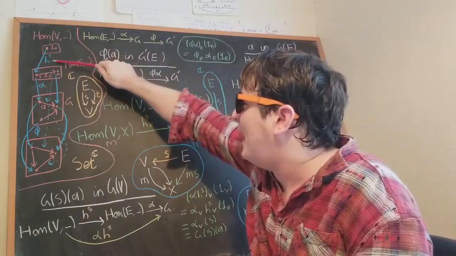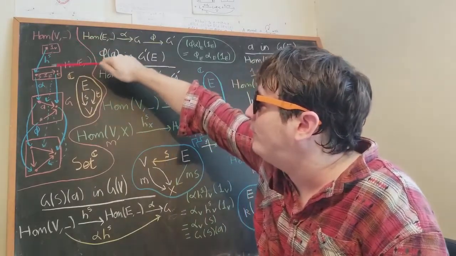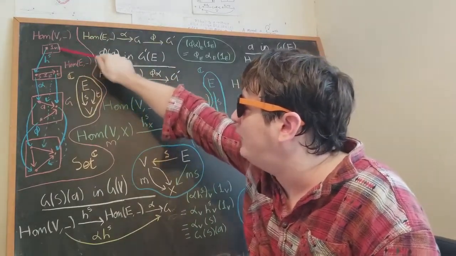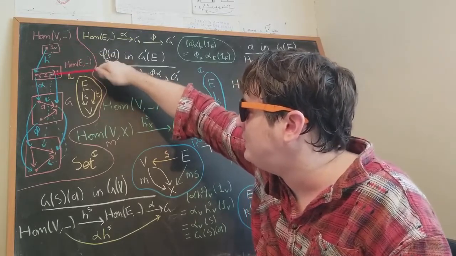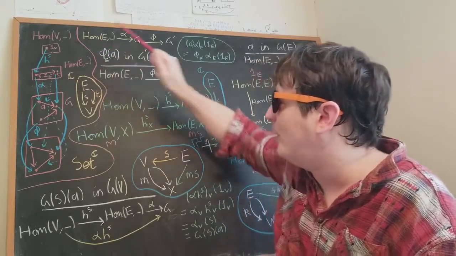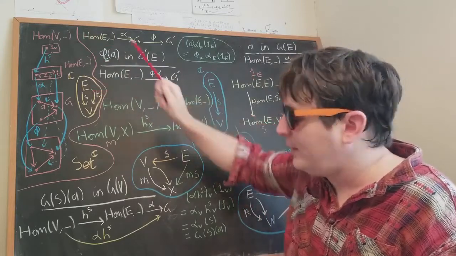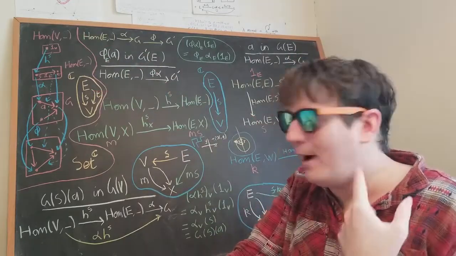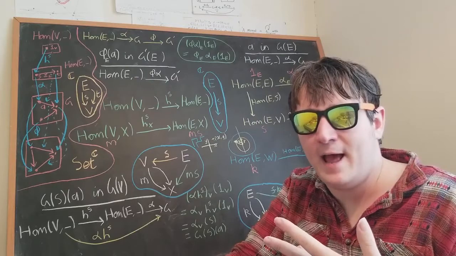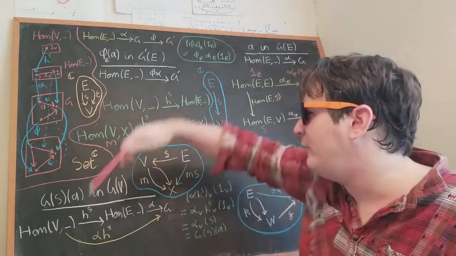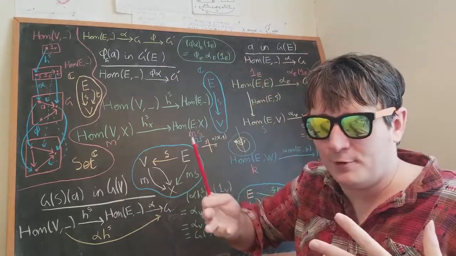This is a special arrow between these special functor objects, which corresponds to doing this s action, corresponds to doing this. So I've just thrown quite a lot of information at you there. It's difficult to summarise the Yoneda lemma because there's so much going on in it.